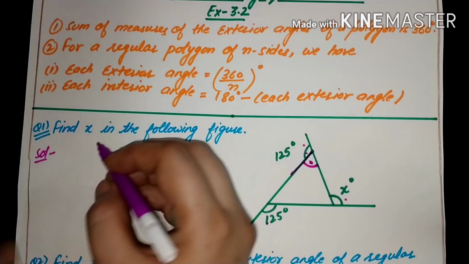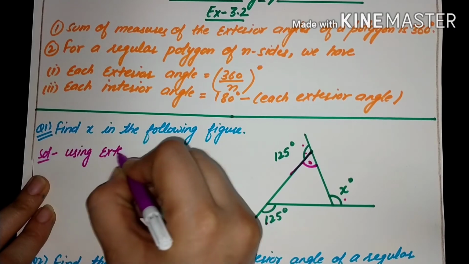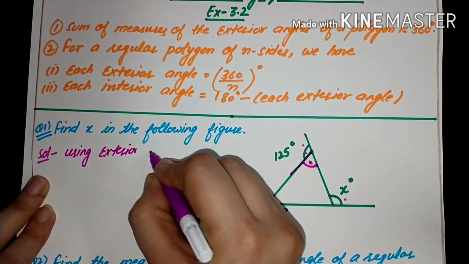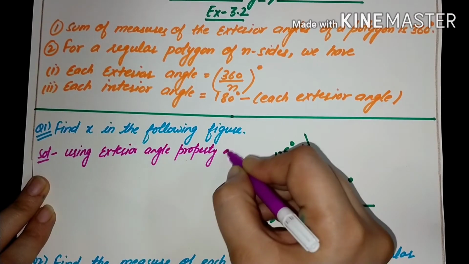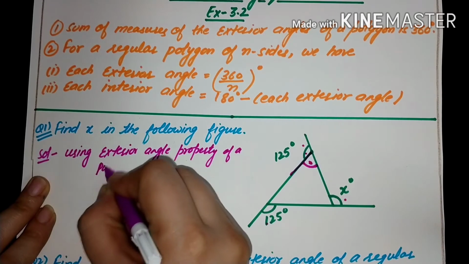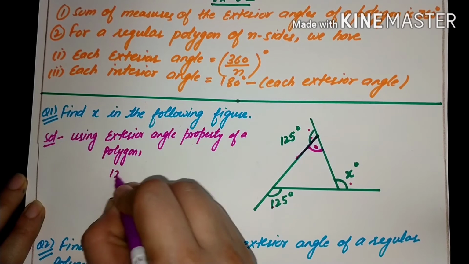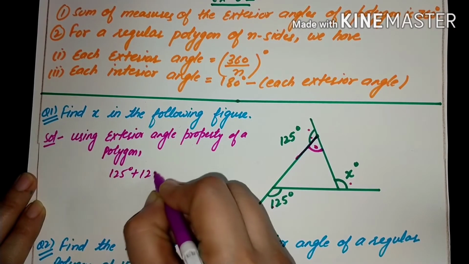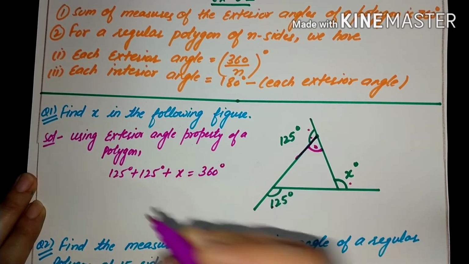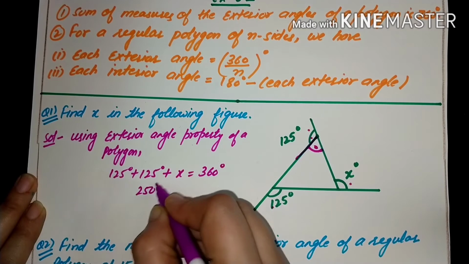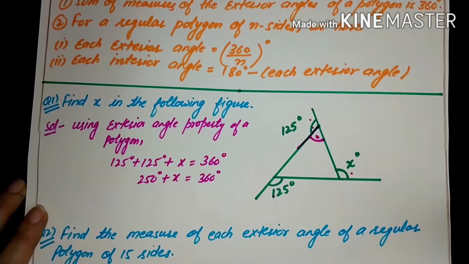So let us use the exterior angle property of a polygon. 125 degrees plus 125 degrees plus x should be equal to 360 degrees. 250 degrees plus x is equal to 360 degrees.